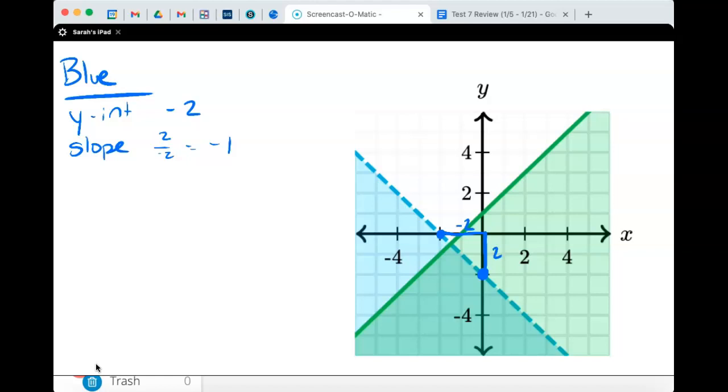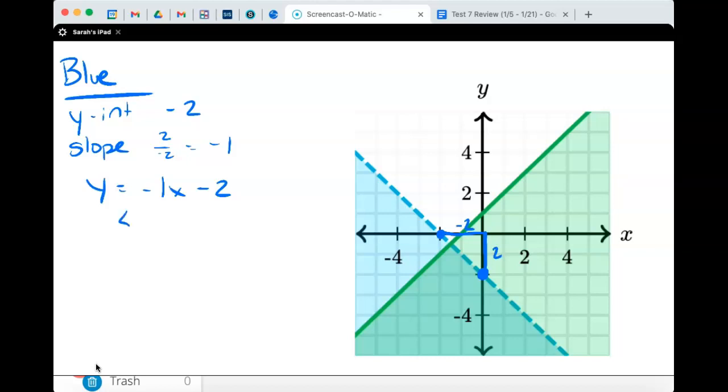So what is my equation going to look like? Y equals mx plus b form, substituting slope and y-intercept. The only problem is this is the equation of a line, and I want an inequality. Since my line is dashed, what symbol would it fall under?